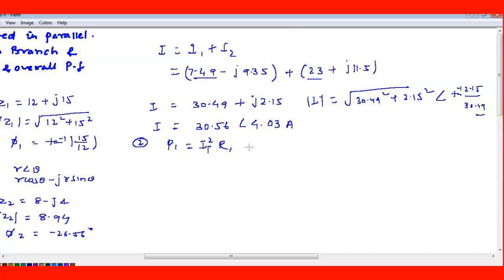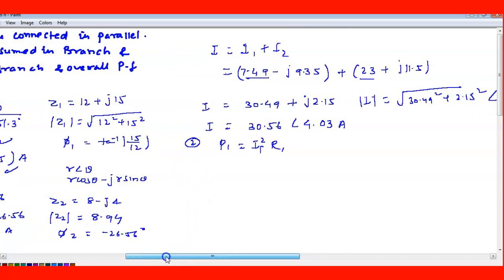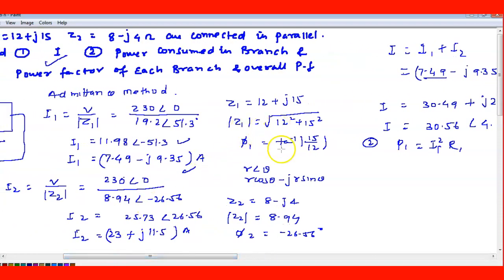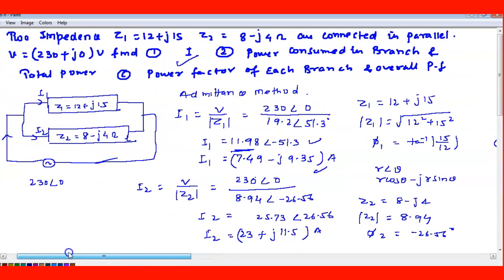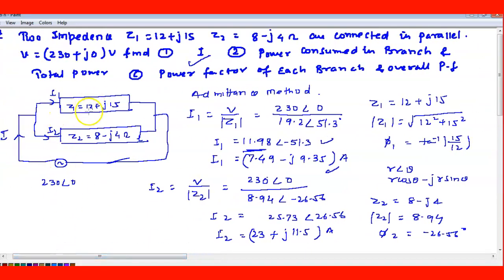The resistance is just like the impedance only. R means the one we found in the first part, no? 12 is given here, no? 12.